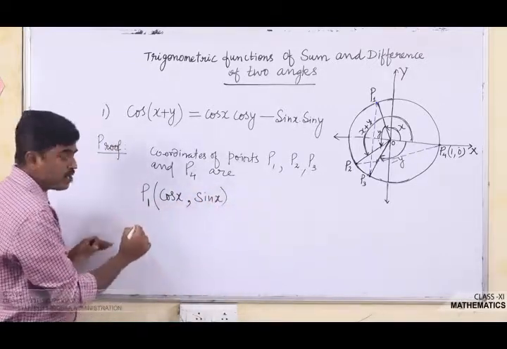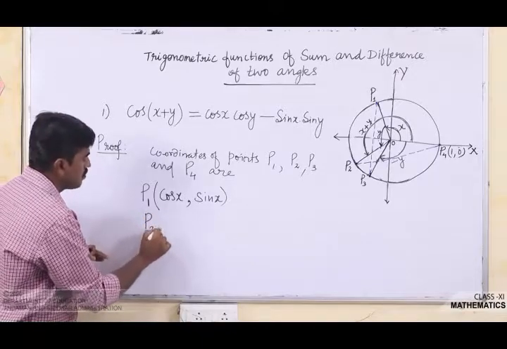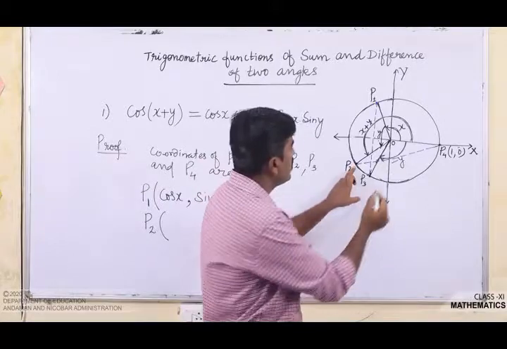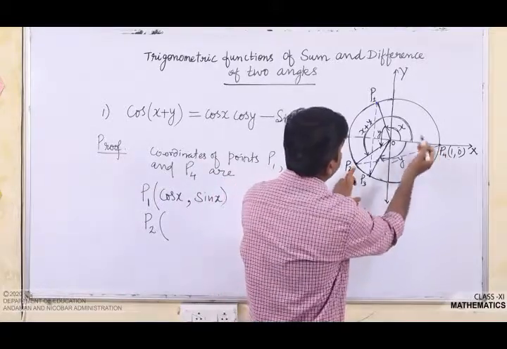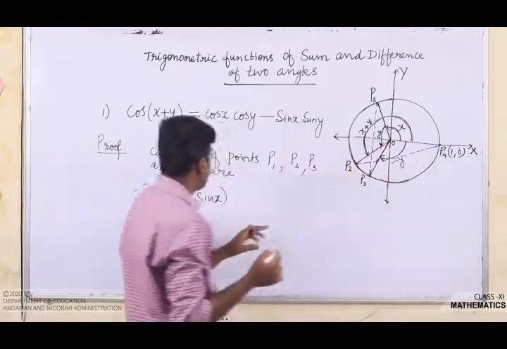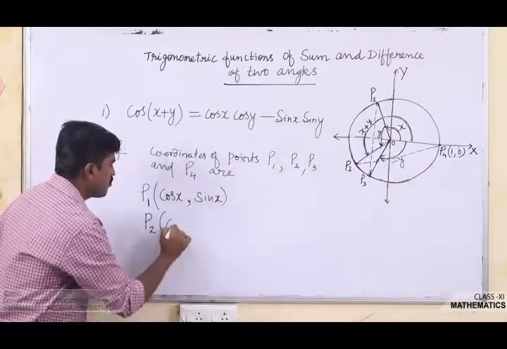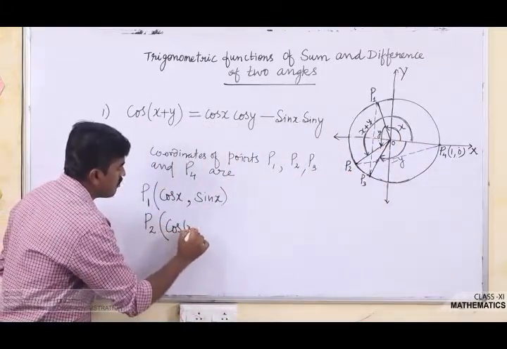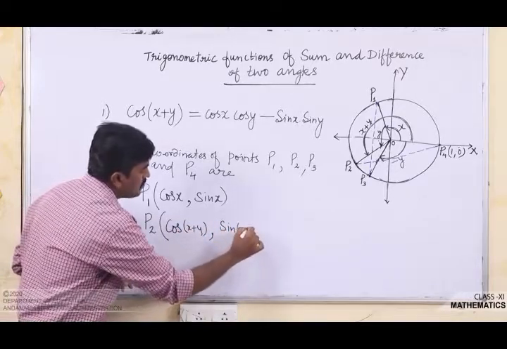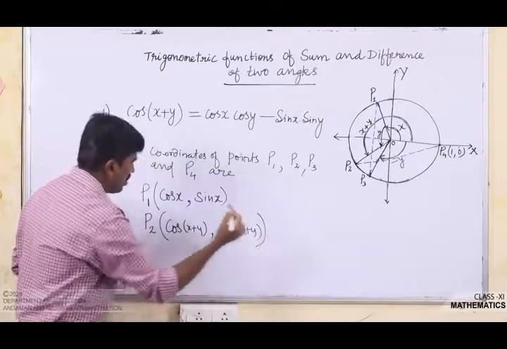Then the coordinates of the point P2: here it is P2, so what is the angle? P4OP2, this angle is x plus y, so here the coordinates of P2 can be taken as cos of x plus y comma sin of x plus y.